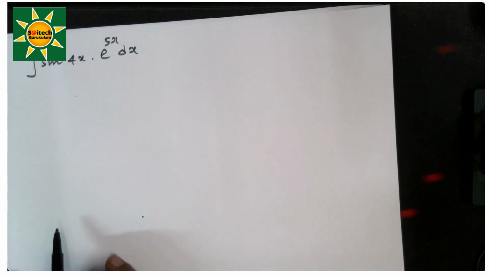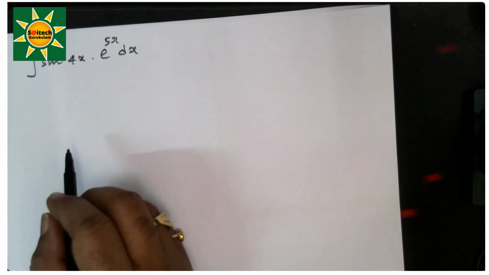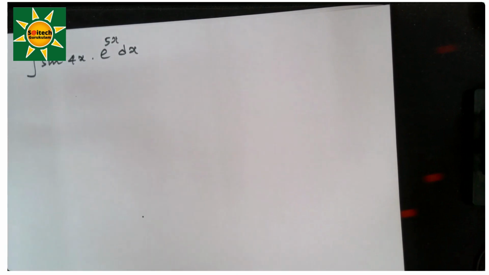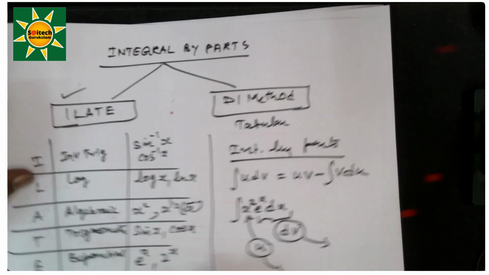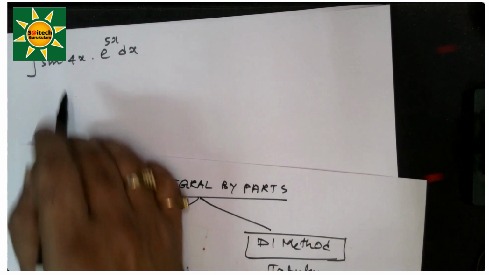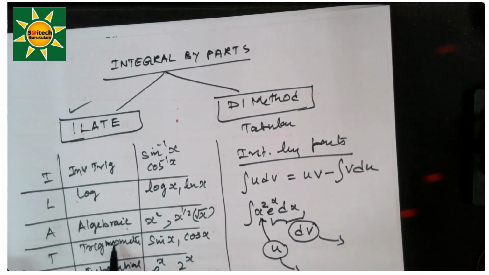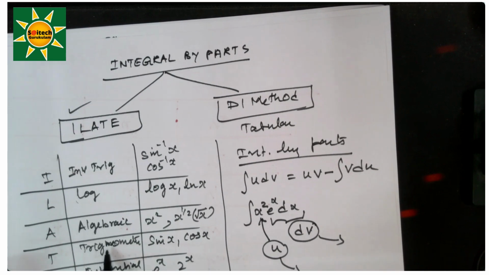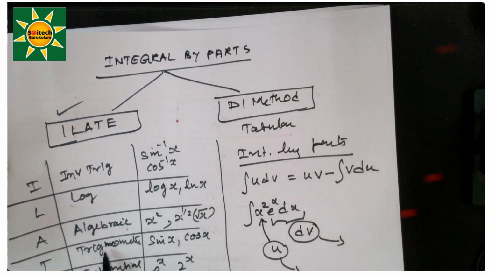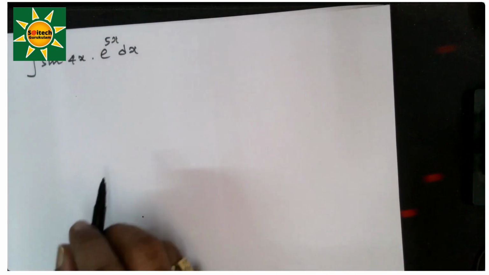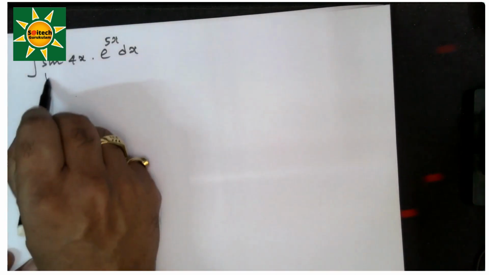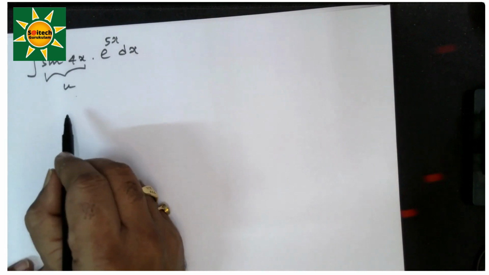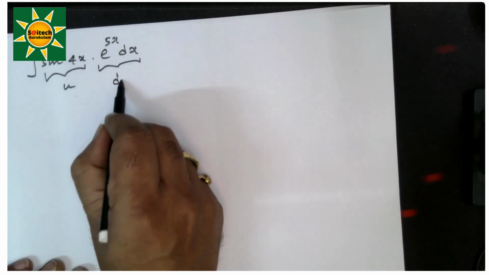Okay, now according to this ILATE method, we have got trigonometry and exponential. So in that case, trigonometric function should be given as the first function. Preference is given to trigonometry. So u is equal to sin 4x, and this is dv.